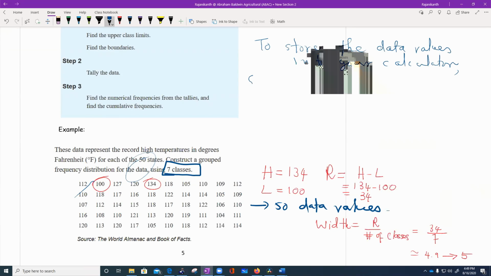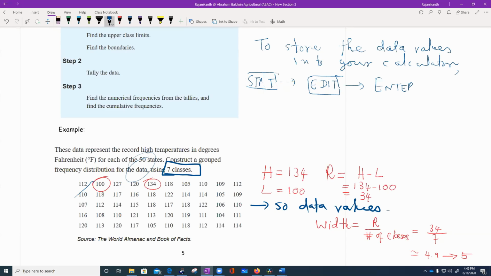Go to stat, edit, then you need to enter all the data values into the L1 column. You could choose any column, but we usually choose L1. I'm going to enter all the 50 data values into the L1 column.